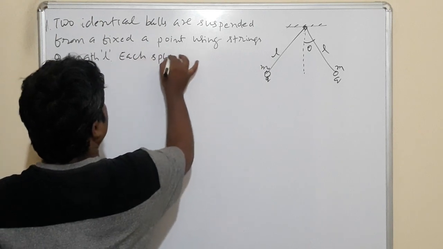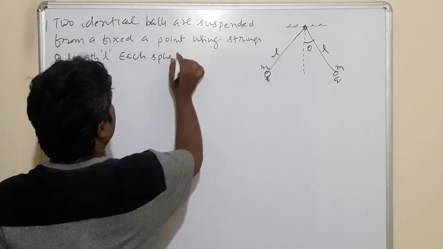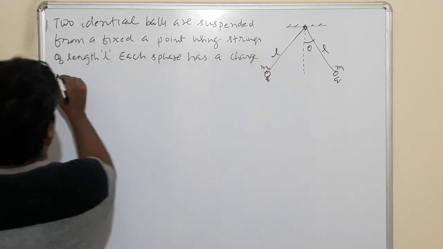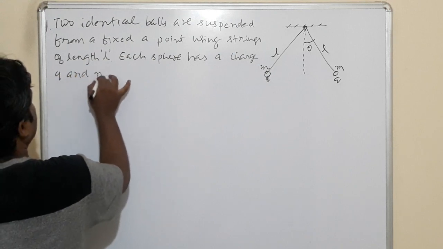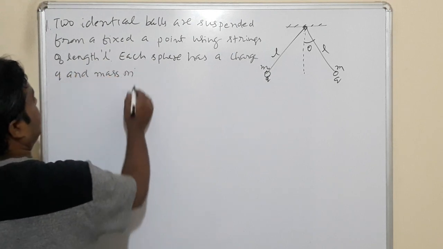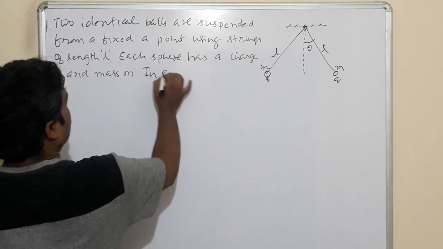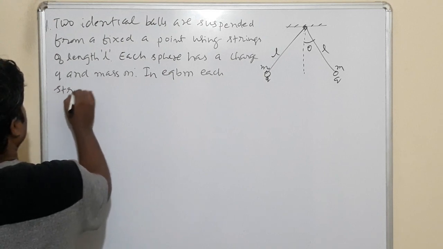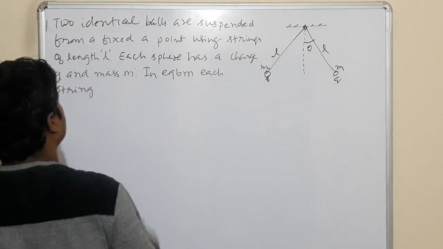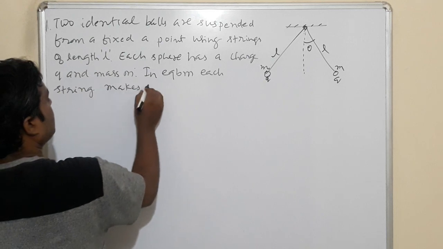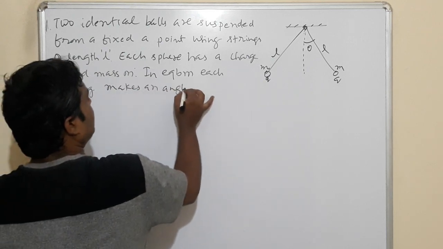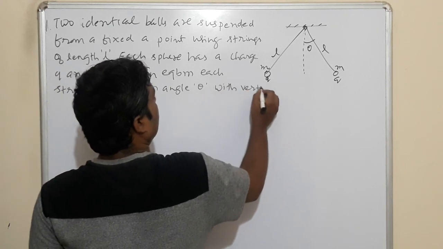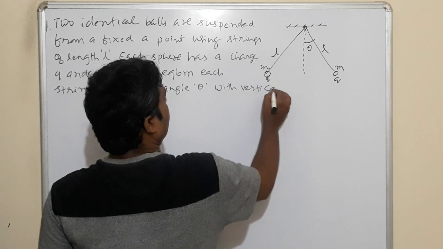Each sphere has a charge Q and mass M. In equilibrium, each string makes an angle theta with the vertical.